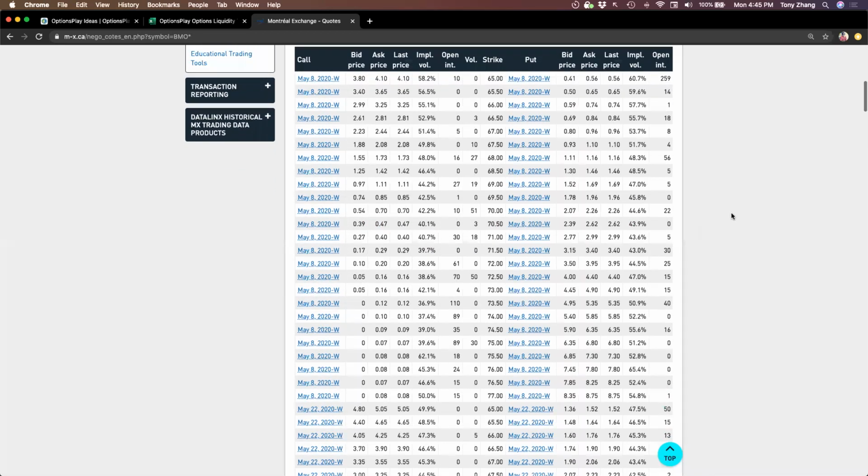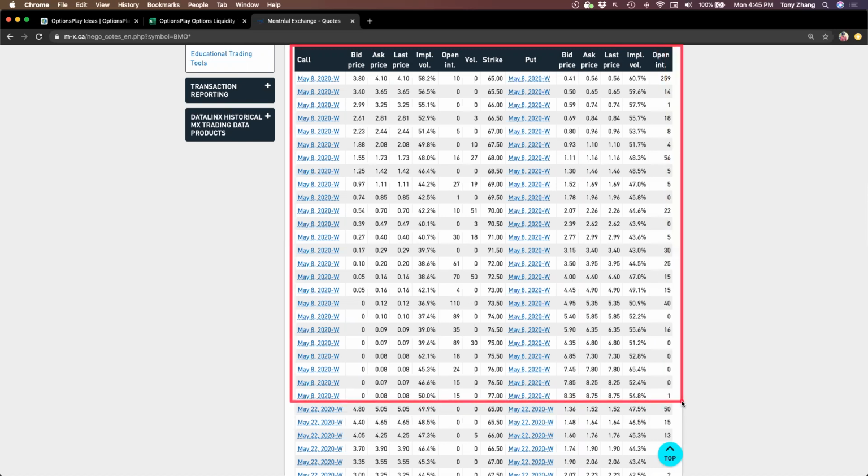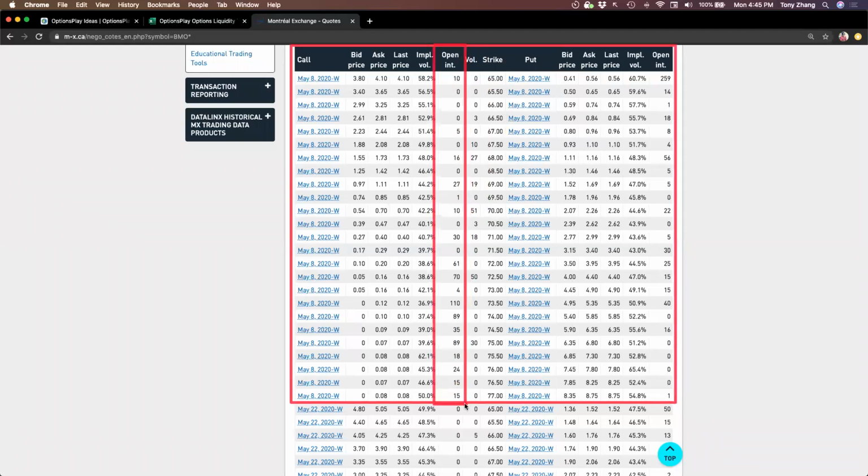So this is BMO, right? This is the BMO May options. These are all the May options here, May 8th. If you look at it, the open interest column for calls sits right here, and the open interest for puts sits right here. I want to look for something that has high open interest. So let's say the May 73.5 calls have 110.